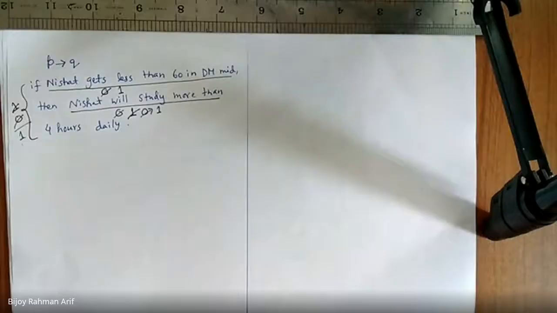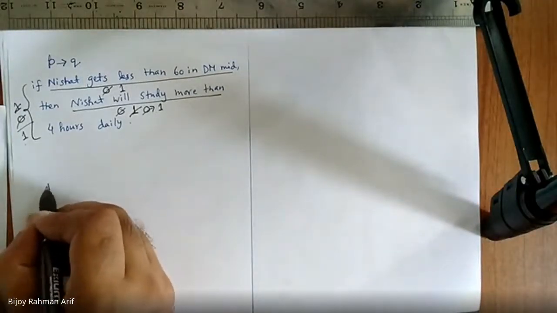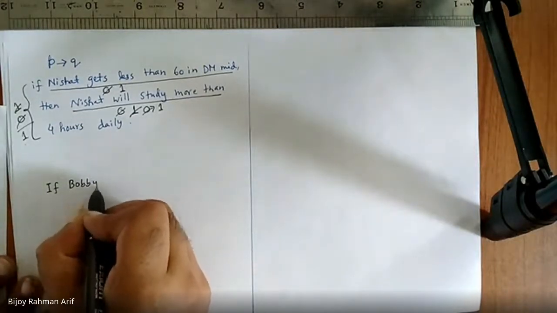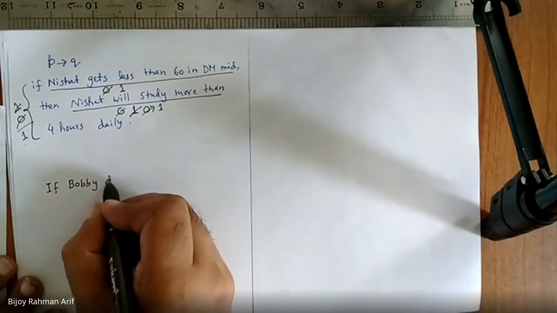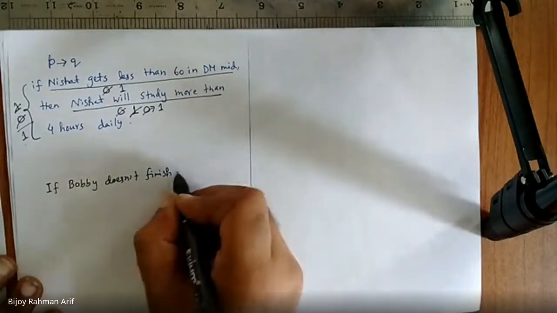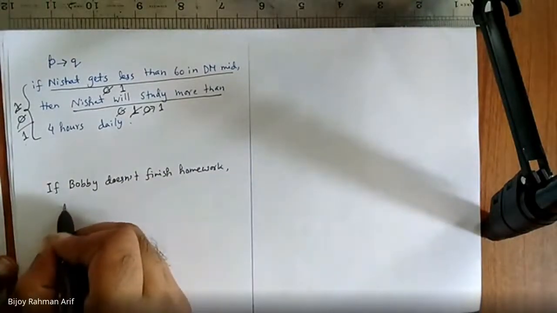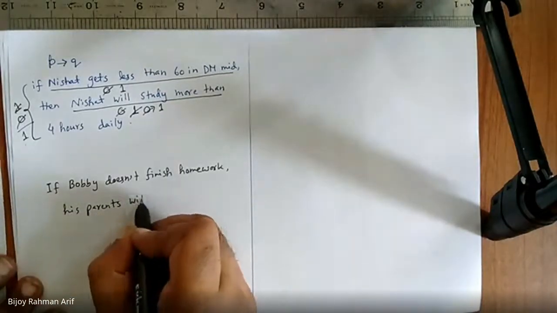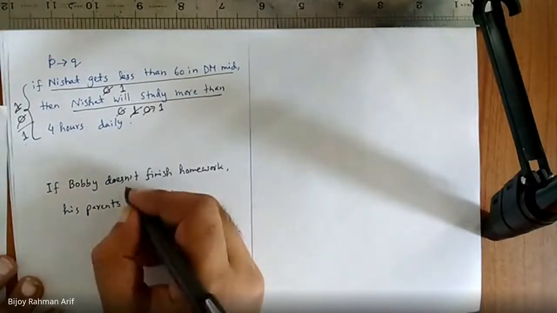Okay, I'm going to give you another example. If Bobby does not finish homework, his parents will not accept it positively.